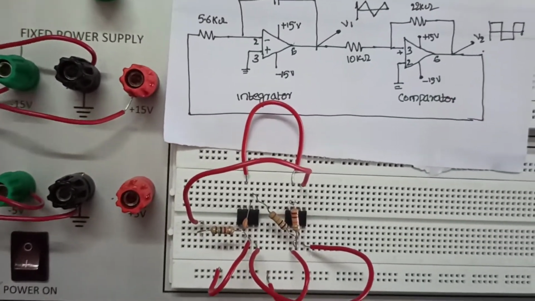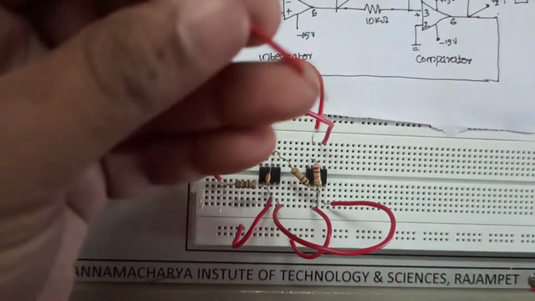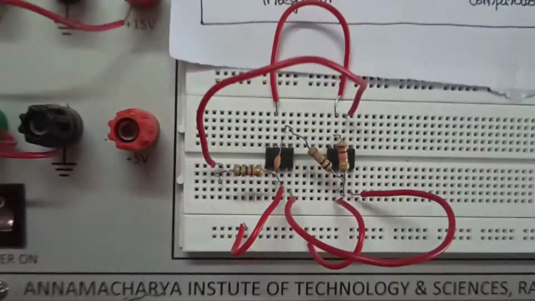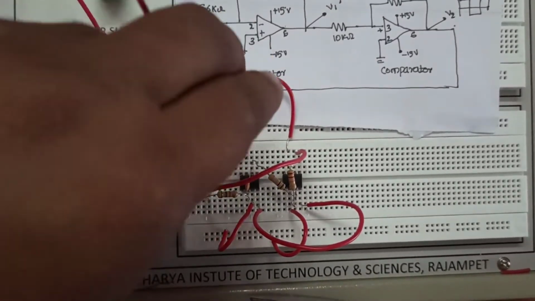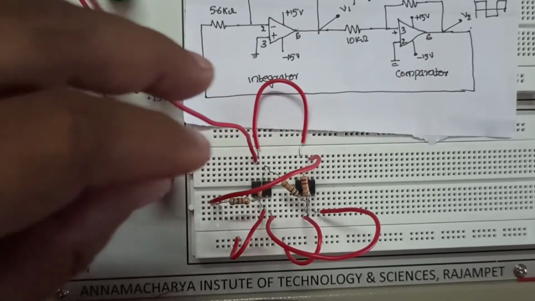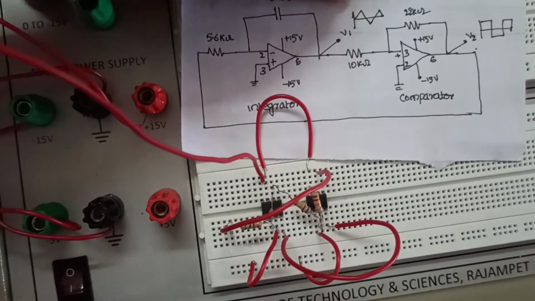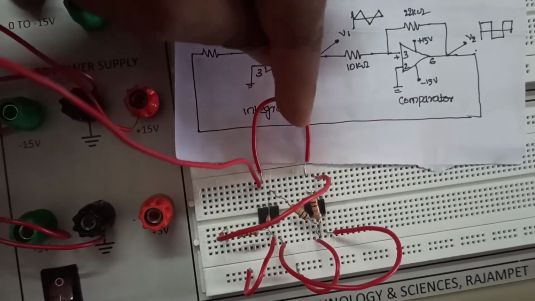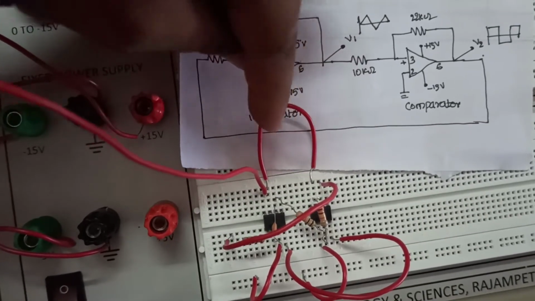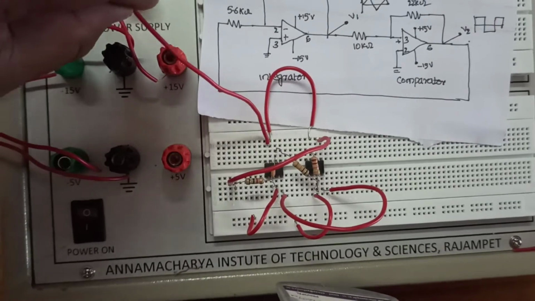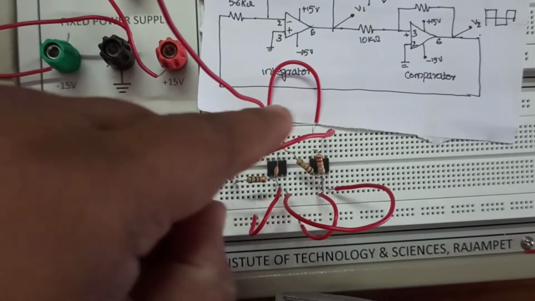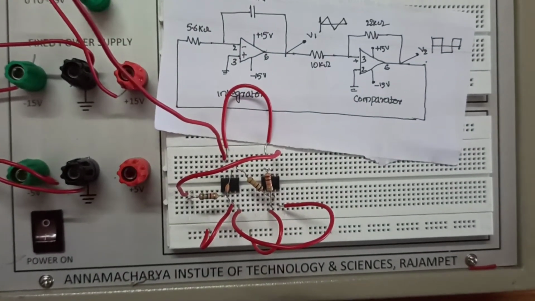Now I am connecting the positive 15 directly. This plus 15 volts is connected to pin 7 of the stage 1 op amp, and from that I have extended a short wire to second stage pin 7, so that the same 15 volt source appears at both pin 7 terminals.